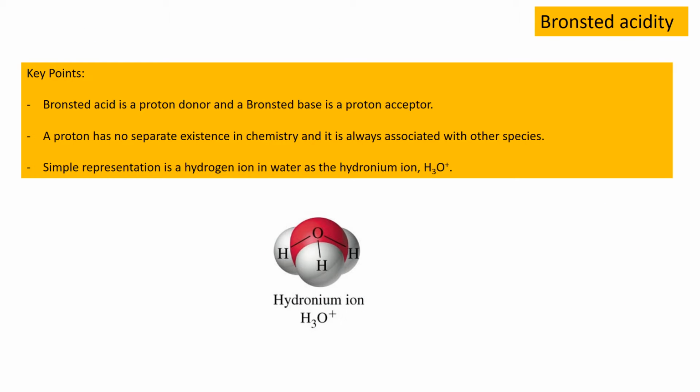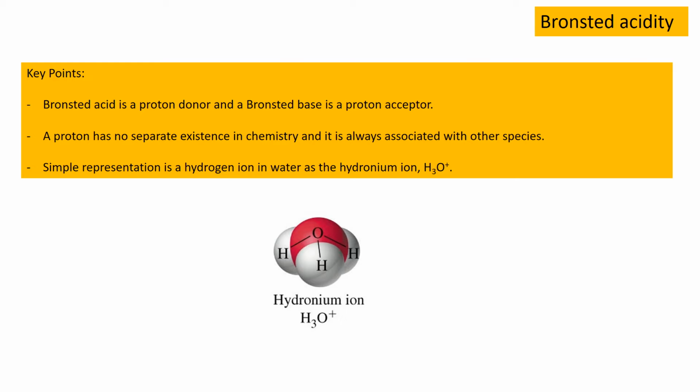So what about Bronsted acidity in this Bronsted-Lowry theory of acidity? Well, the key points from the theory are that a Bronsted acid is a proton donor and a Bronsted base is a proton acceptor. And under this theory, a proton has no separate existence in chemistry and is always associated with another species.